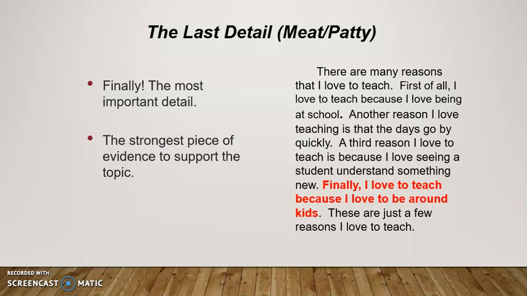So what is the sentence? Look at this sentence: "Finally, I love to teach because I love to be around kids." So this is the last important detail, why the writer loves to teach. The reason is because she loves to be around kids.